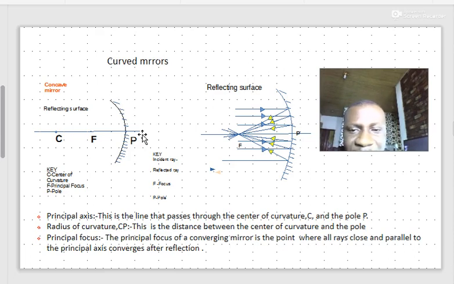The convex mirror is also called a diverging mirror. In that one, the focal point, the principal focus, is not a real focus. All right, we'll describe that one when we are done with this one. This one is the converging mirror, I repeat.